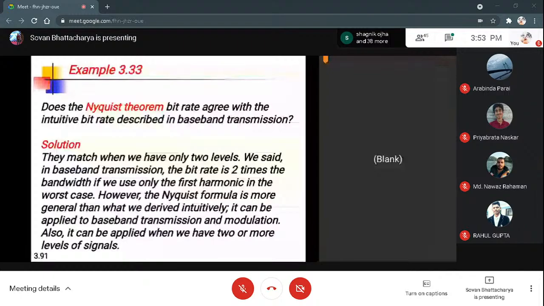Okay, so in the Nyquist theorem, the bit rate agrees with the intuitive bit rate and with the bandwidth.